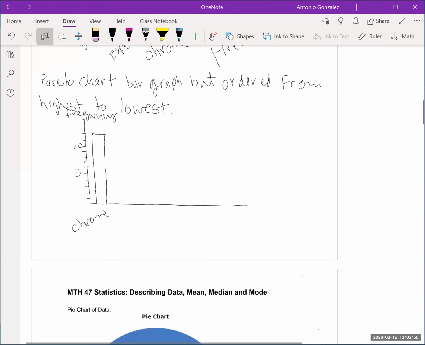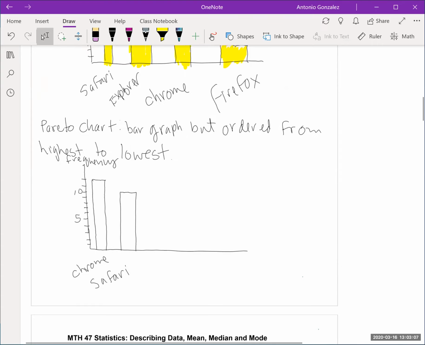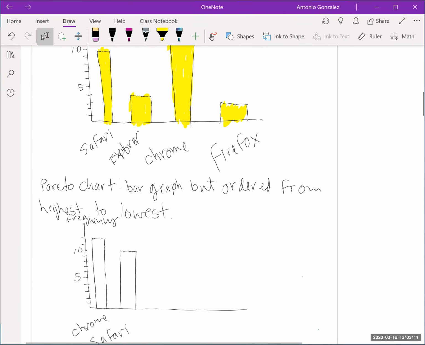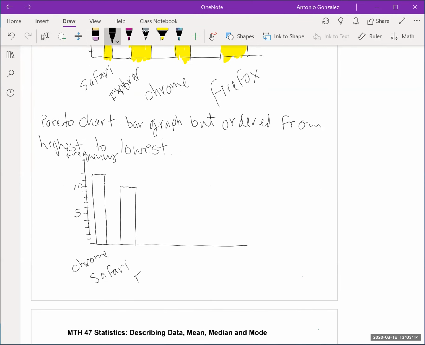So it's Safari, and that goes up to 10. And then the next one would be Explorer, and that one goes up to 4. And then the last one, Firefox, and that one goes up to 2.